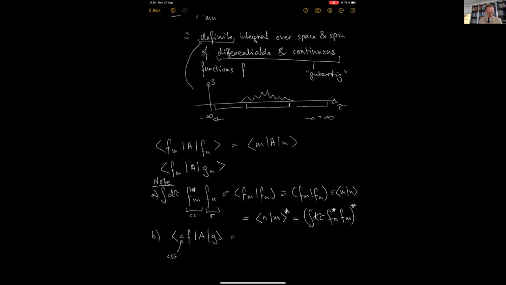So this is the same as the complex conjugate of the C, F, A, G.